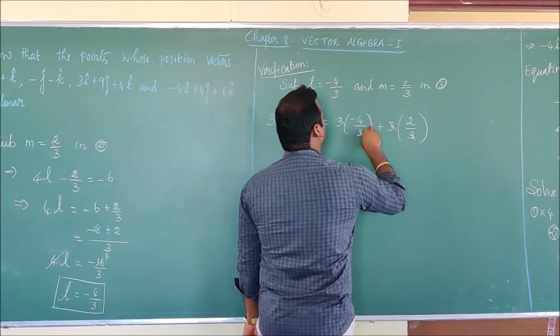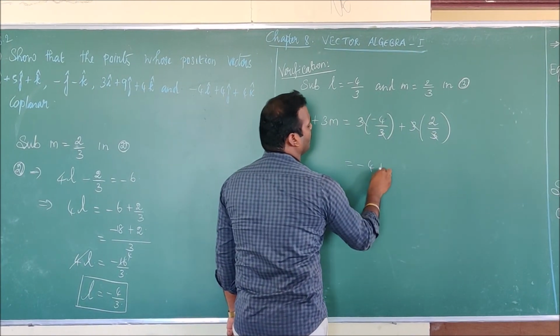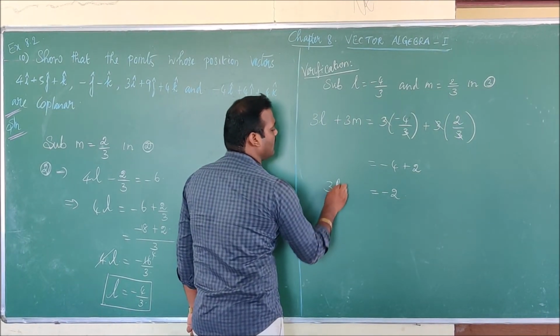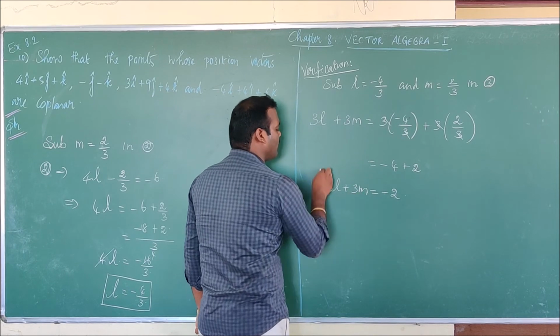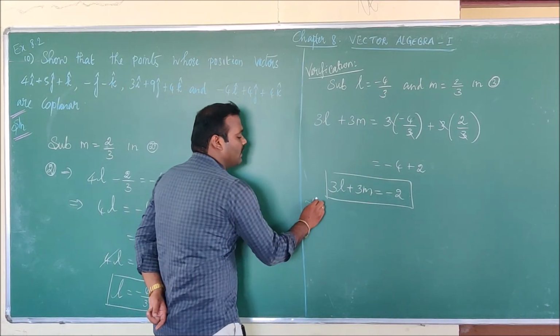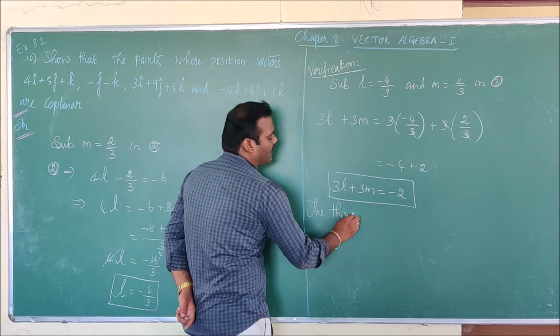This 3 and this 3 will get cancelled. So minus 4 plus 2, which is equal to minus 2. That is, 3L plus 3M equal to minus 2. So the third equation is satisfied.